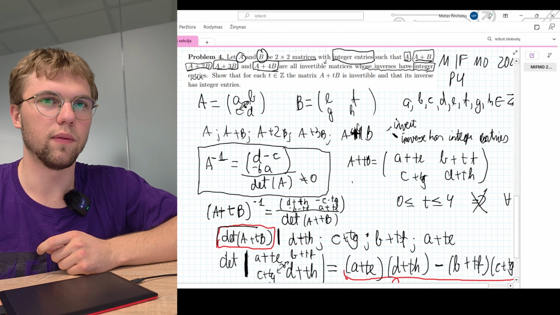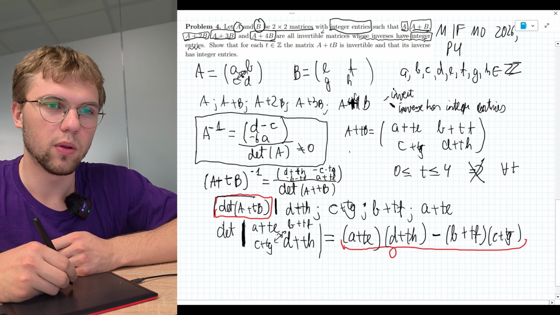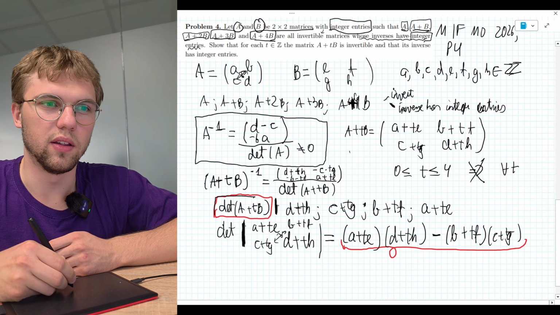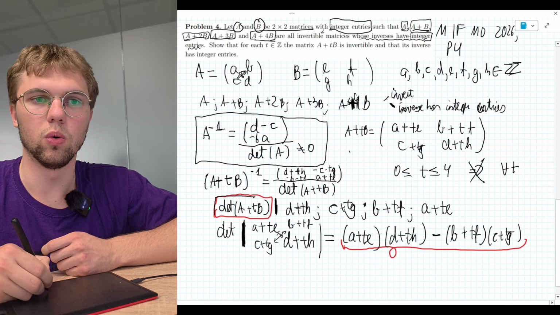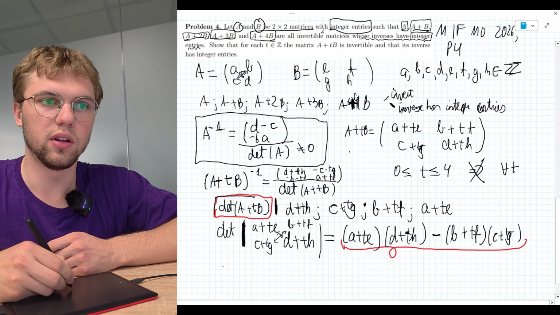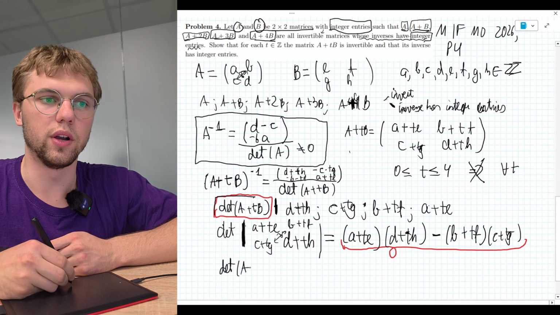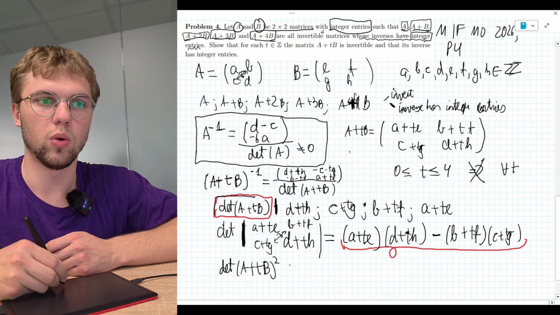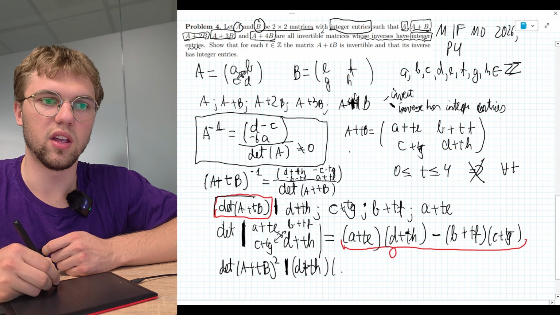So, okay, now we can proceed. Look, since the determinant divides this, what happens if we multiply these two together? Let's say we want to construct the same thing. So if the determinant divides this and the determinant divides this, then the determinant squared would divide their product times A plus tE.